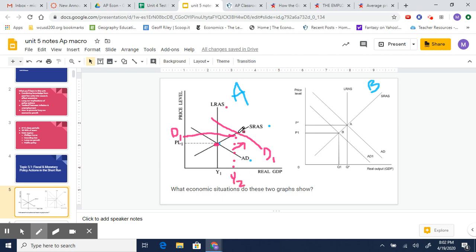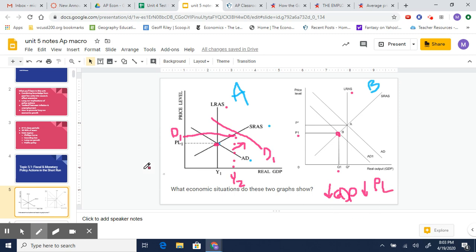Because demand has increased and prices have increased and GDP has increased, this would be an expansionary gap. Over here, graph B, because your short-run equilibrium isn't in line with long-run supply, this is known as what? This is a recessionary gap. This is known for falling GDP, falling price levels, and rising unemployment.